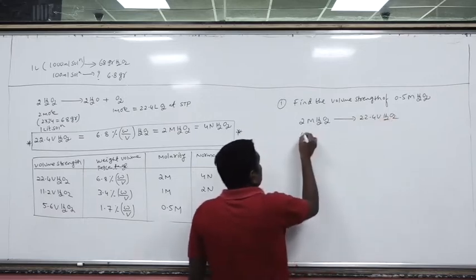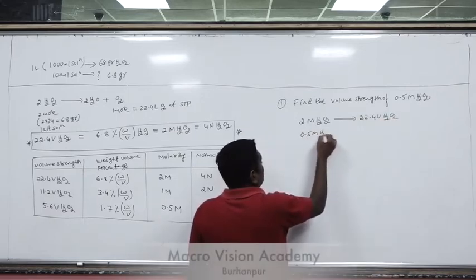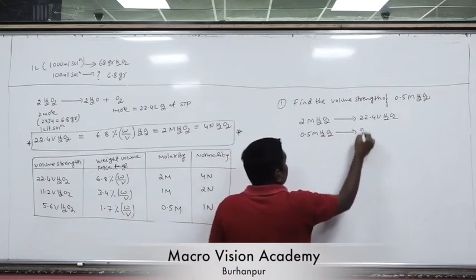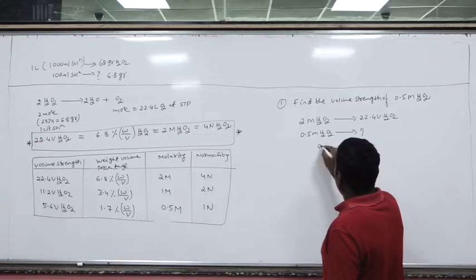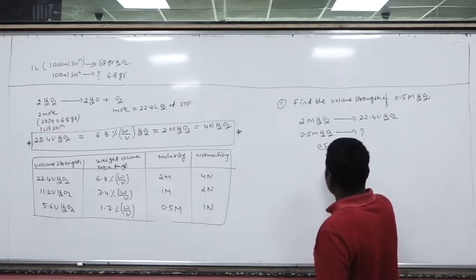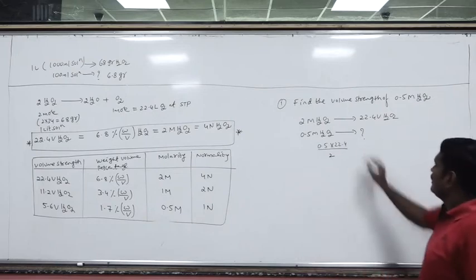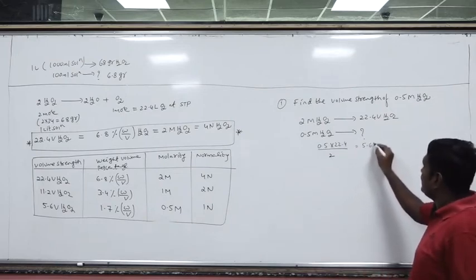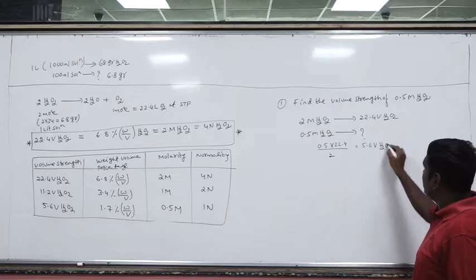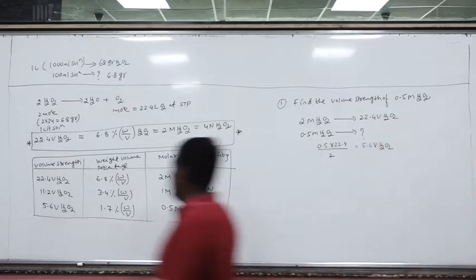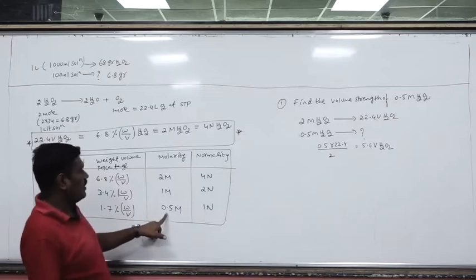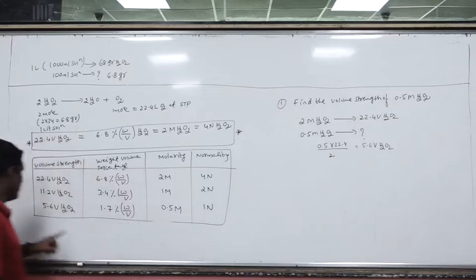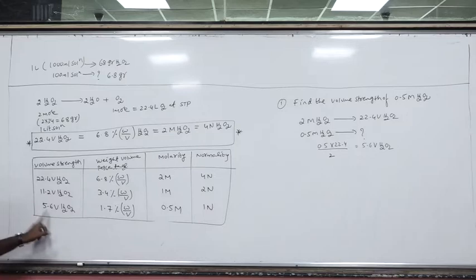Then for 0.5 molar H2O2, there is a direct unitary method: 0.5 into 22.4 by 2 molar, which is equal to 5.6 volume strength of H2O2. From this table also you can see that 0.5 molar H2O2 has volume strength 5.6.